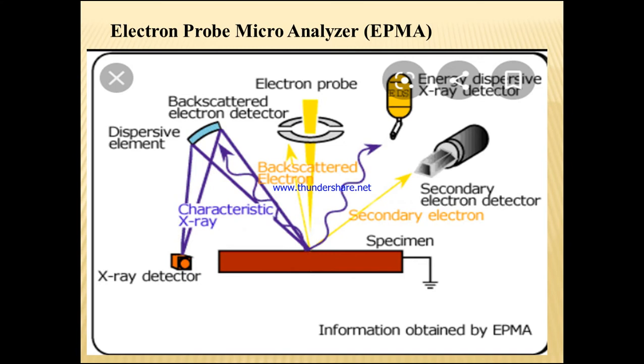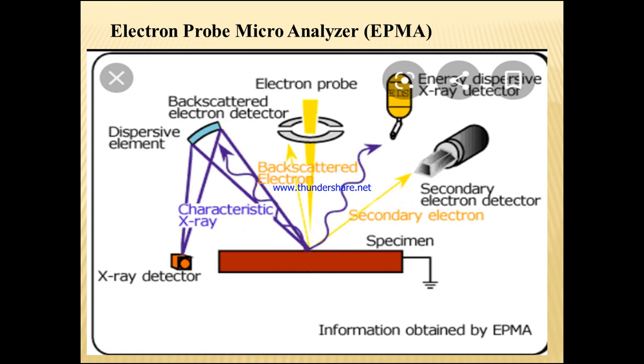The outer shell consists of high energy electrons, whereas the inner shell consists of low energy electrons. So when a high energy electron beam hits the low energy electrons, the electrons come out of the shell.